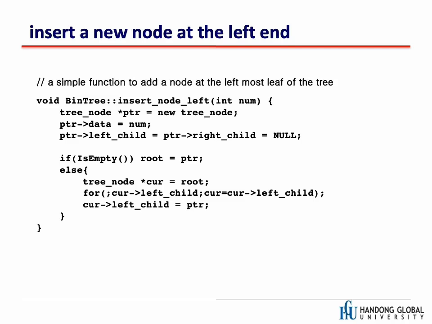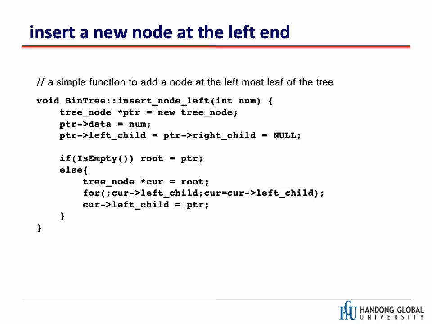The data is just an integer. In the function, we allocate memory space for a new node. PTR is pointing to that node, and we copy the data to the data field, so PTR data gets num. Then PTR left child and PTR right child will be null, because we are adding this node at the leftmost leaf node, so this new node will be the leaf node.